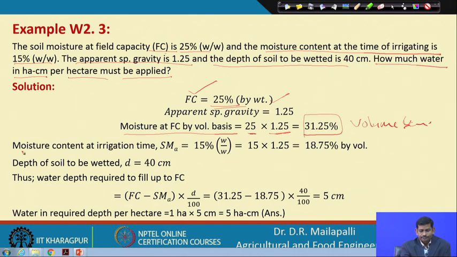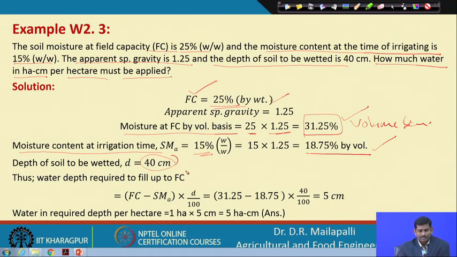Similarly, the moisture content at irrigation time, let us say 15%, convert that into volume basis. So, you have the moisture content at field capacity and at irrigation time on volume basis. The depth of soil to be wetted is 40 centimeter.